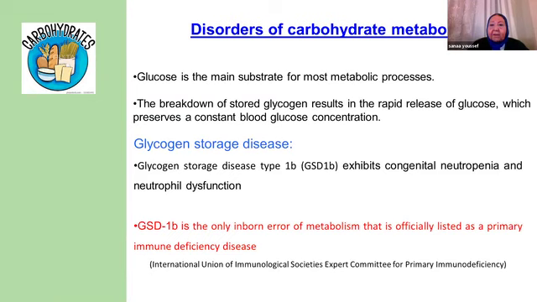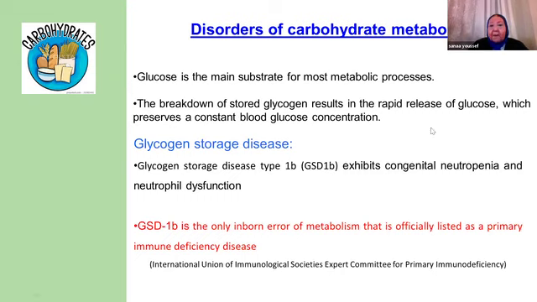Disorders of carbohydrate metabolism: it is very well known that glucose is the main substrate for most metabolic processes in our bodies, even when we are healthy. And the breakdown of stored glycogen results in rapid release of glucose, which preserves a constant blood glucose concentration.